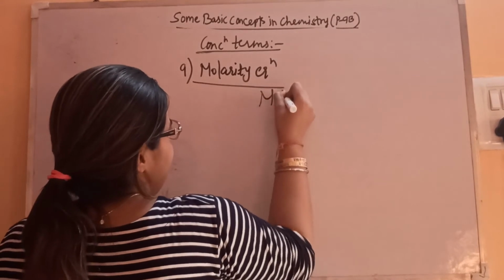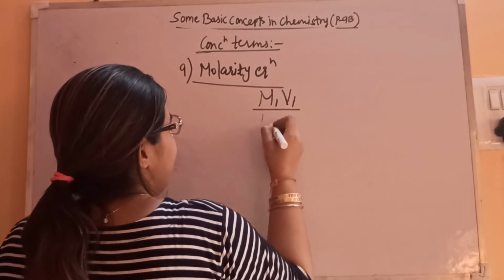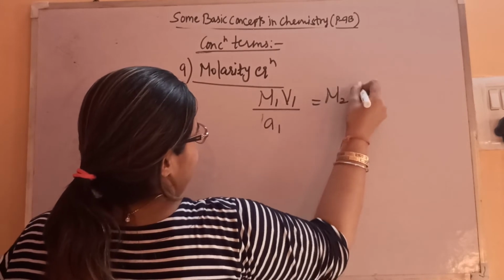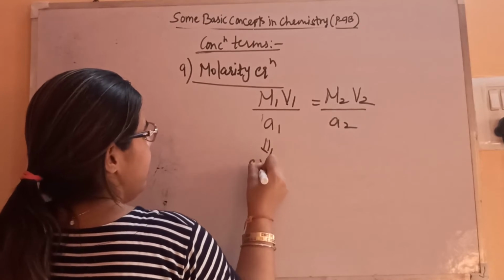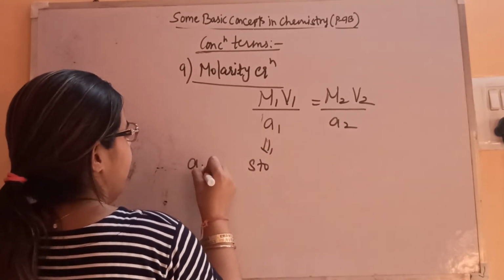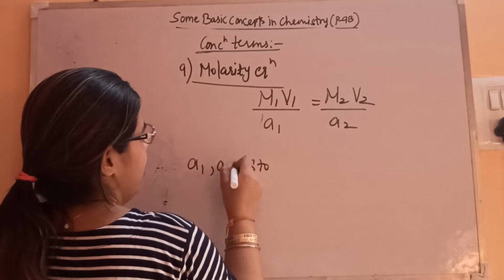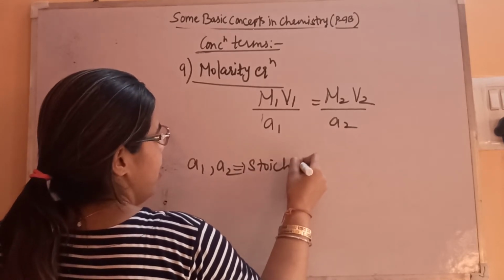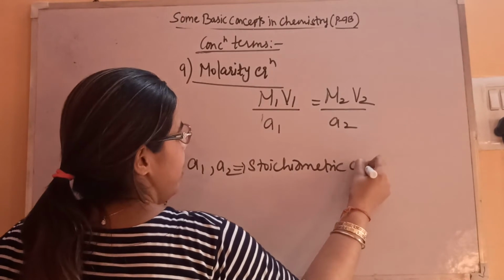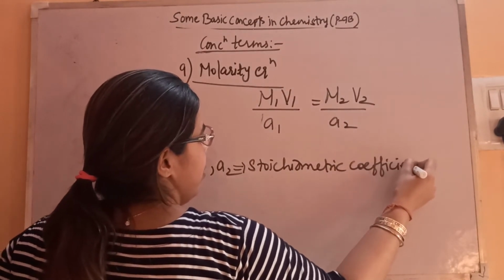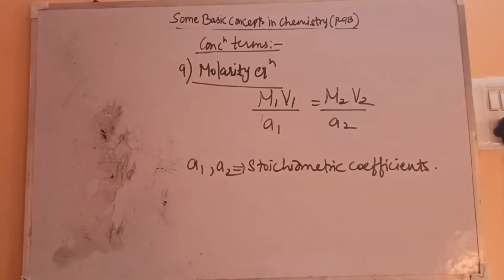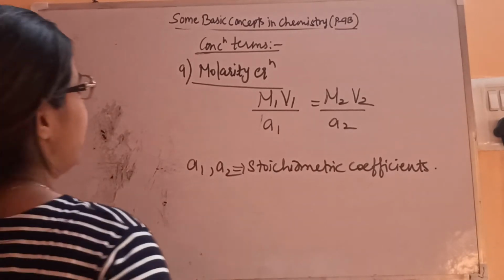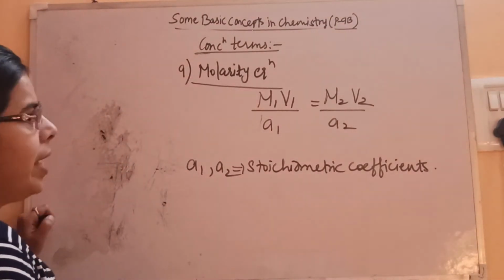So the second equation is M1V1 divided by A1 equals M2V2 divided by A2, where A1 and A2 are the stoichiometric coefficients. Okay.